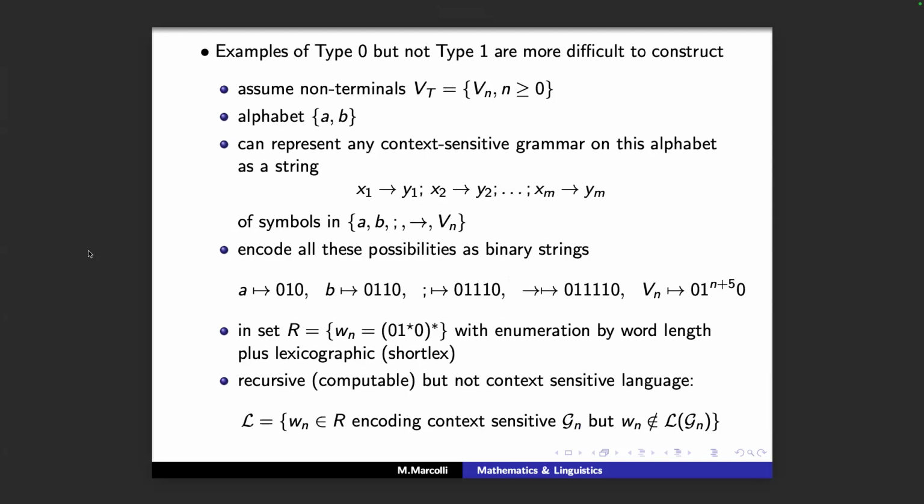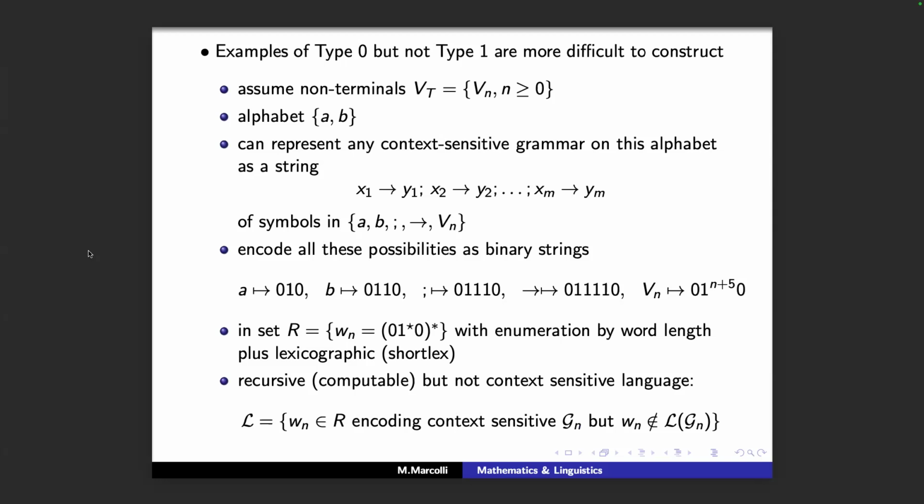But I've given some examples already of things that are context-free but not regular, and context-sensitive but not context-free, depending on the different type of recursion that you can have. It's a bit more difficult to construct an example that is of this more general computable class, but not context-sensitive.